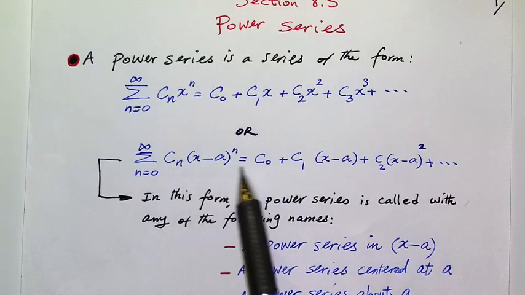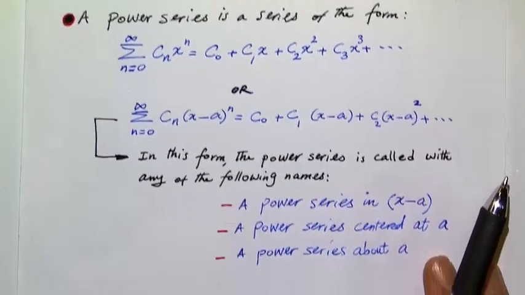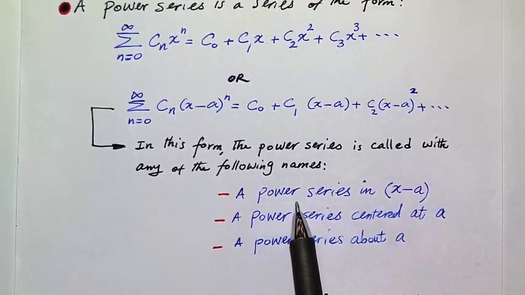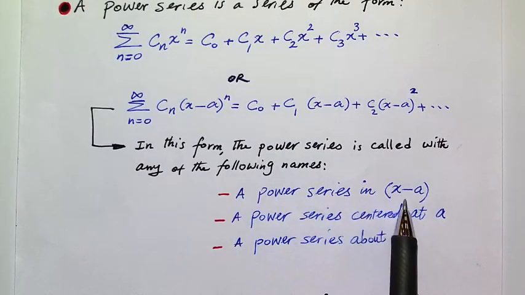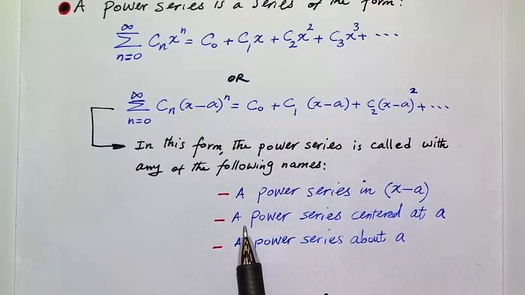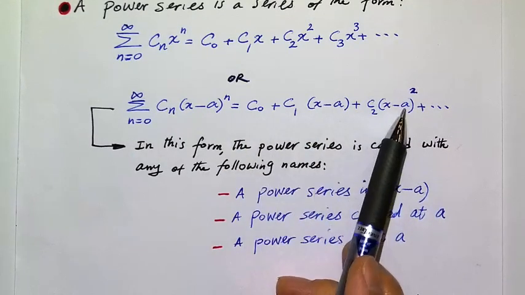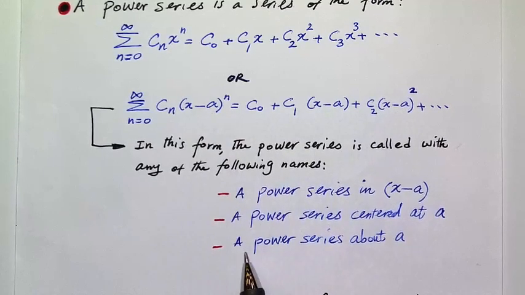If we write the power series in this notation, then we can call it a power series in x minus a, or a power series centered at a, or a power series about a.